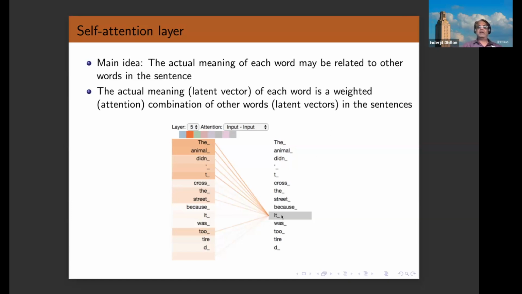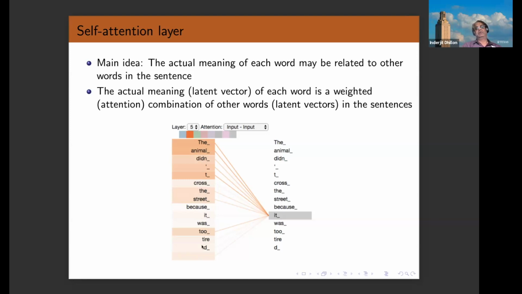If you look at the attention layer, the motivation is, if you look at this sentence, The animal didn't cross the street because it was too tired, the question is, what does it refer to? It could potentially refer to street, it could refer to cross, and so on. We know English, so most probably it refers to animal.